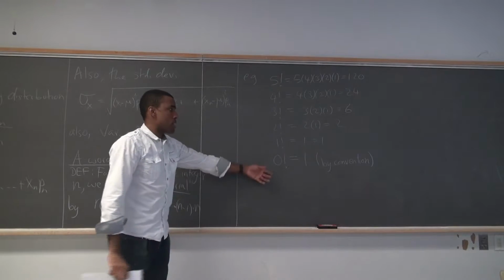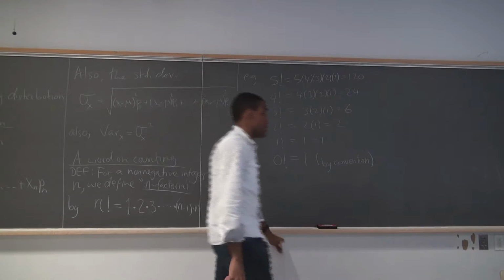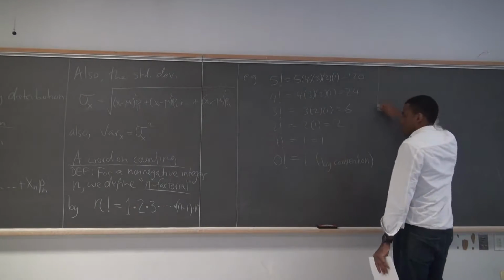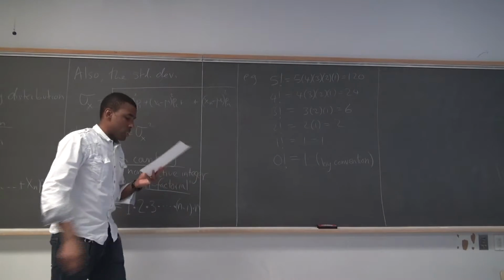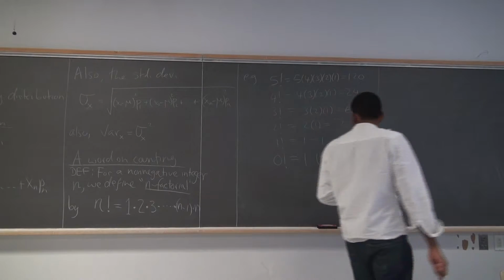Basically, this follows a pattern that is mathematically consistent, so we just define 0 factorial to be 1. So that's what a factorial is, and why do we care?